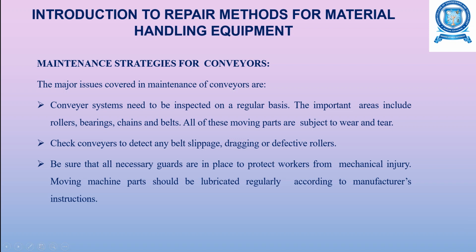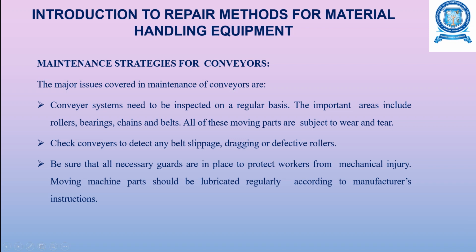And secondly, check conveyors to detect any belt slippage, that is dragging, or defective rollers. These have to be checked frequently on a regular basis. And we should be sure that all necessary guards are in place in order to protect the workers from mechanical injury. So this is a very important maintenance strategy for conveyors.